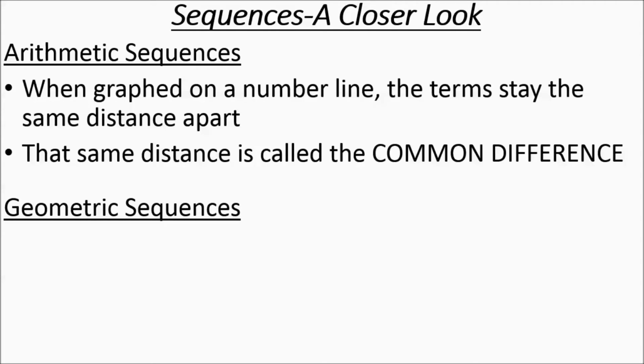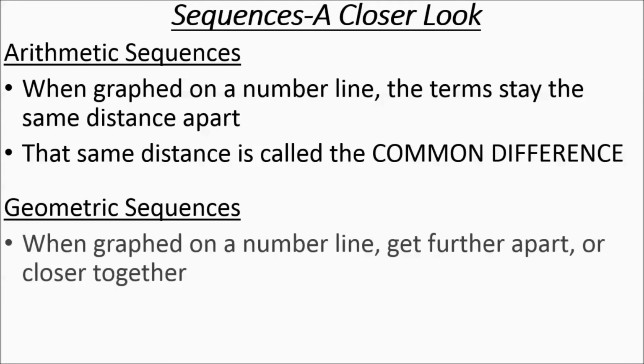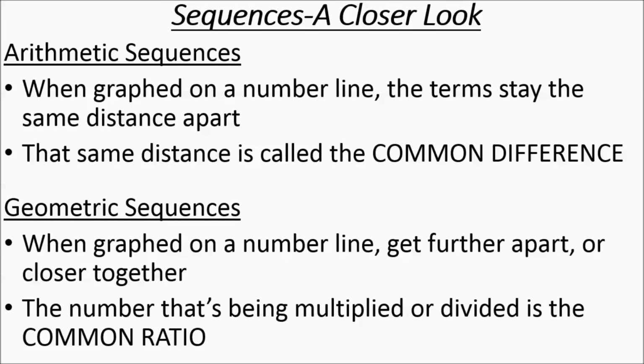For geometric sequences, when you graph them on a number line, the different points will either get further apart or closer together. And that space that's being multiplied or divided by is called the common ratio. The number that's being multiplied or divided by is the common ratio.